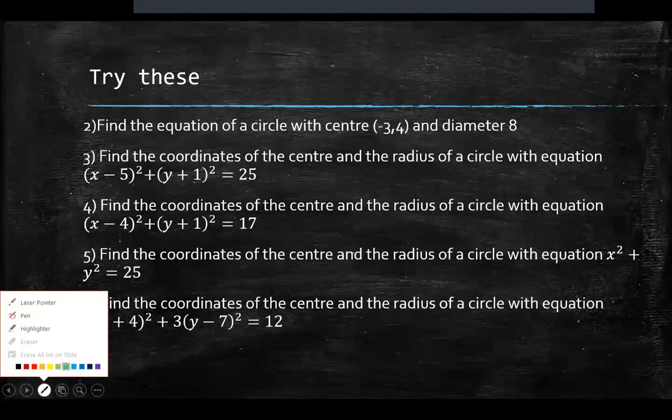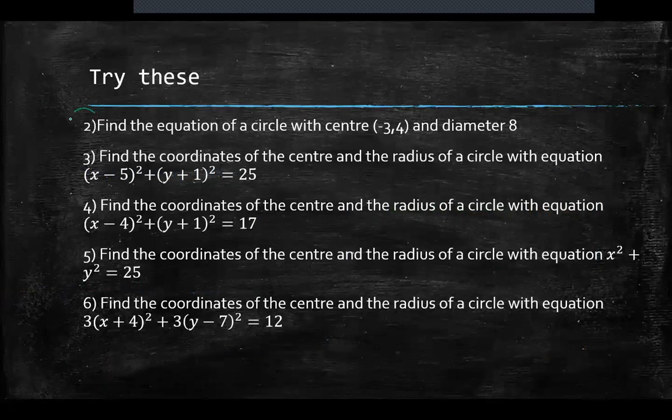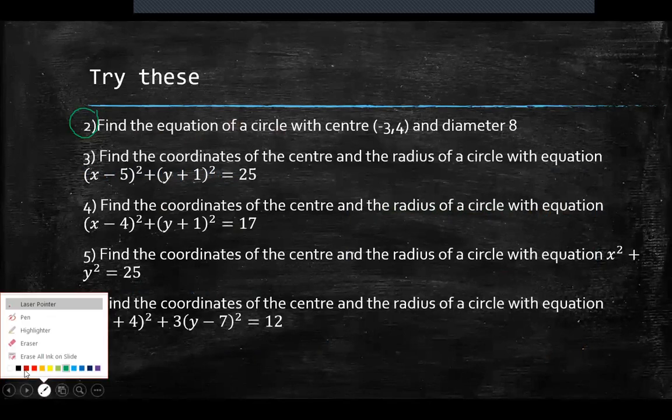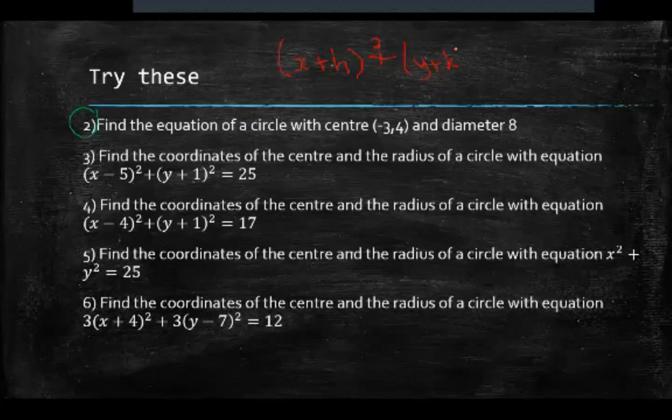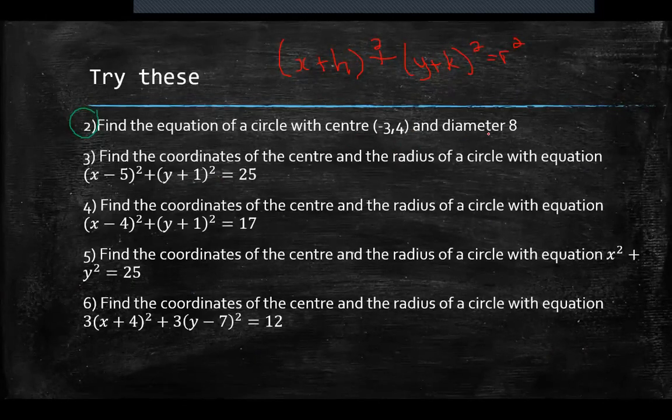I want you to try this question for me. Number 2. Find the equation of the circle. We're still doing the standard form. Remember the standard form: x plus h squared plus y plus k squared is equal to r squared. They gave you the center, minus 3, 4, and they gave you the diameter. So I just want you to try it and let me know when you finish.